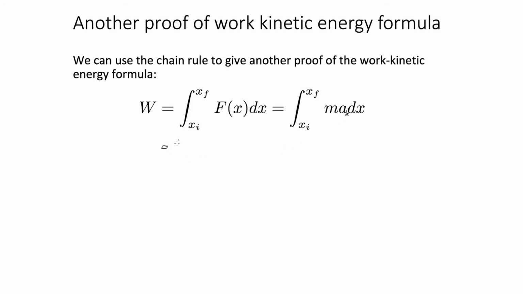So now I can write that as, going from x initial to x final, m dv/dt times dx. But using the chain rule, I can say this is the same as the integral from xi to xf of m dv/dx times dx/dt times dx.